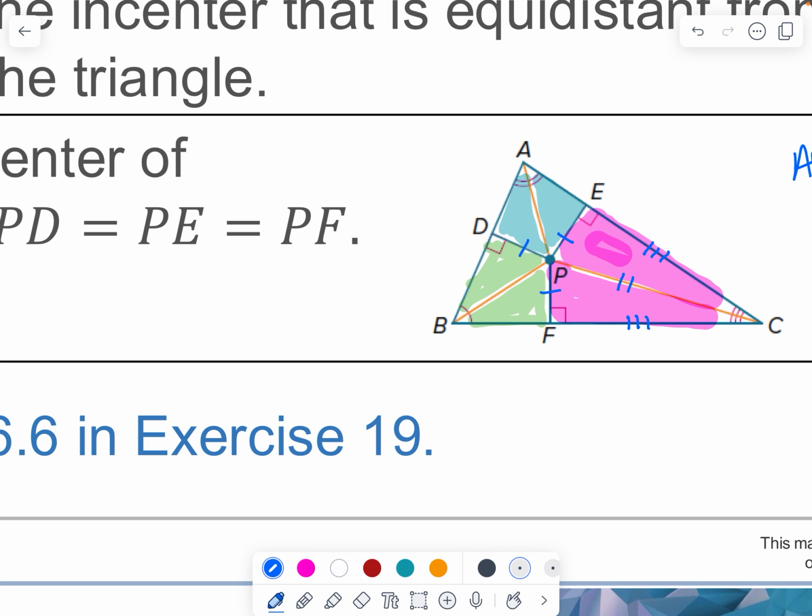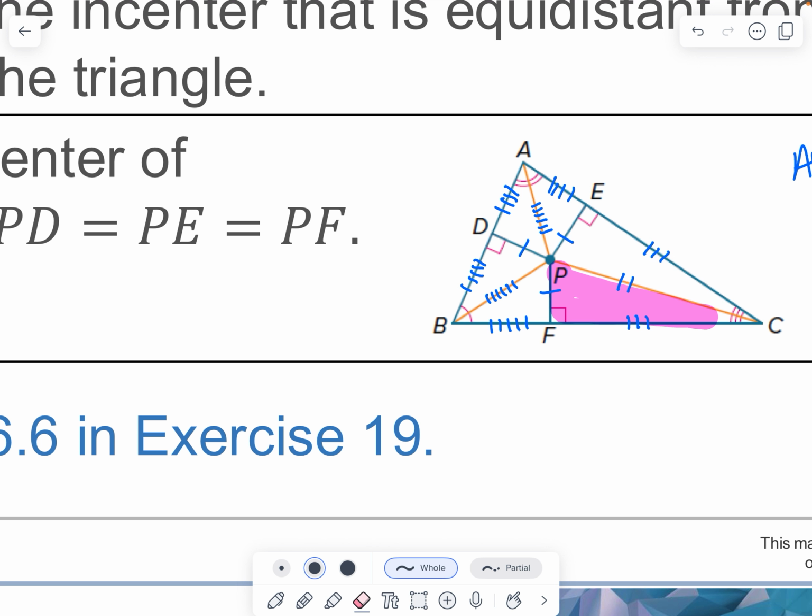So let's see, this 3, 4, 1, 2, 3, 4, and 1, 2, 3, 4, 5, 1, 2, 3, 4, 5. And 1, 2, 3, 4, 5, 6. 1, 2, 3, 4, 5, 6. That's a lot of colors. There's all the things that match.